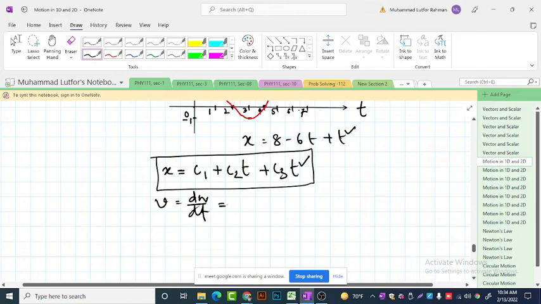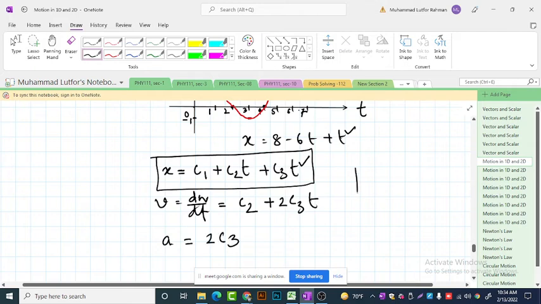Since I consider c1, c2 and c3 to be constants, if I take the derivative, c1 will give me 0, right? I'll find it would be c2 plus 2c3t, right? So this is my velocity. What about the acceleration? It would be only 2c3, right?